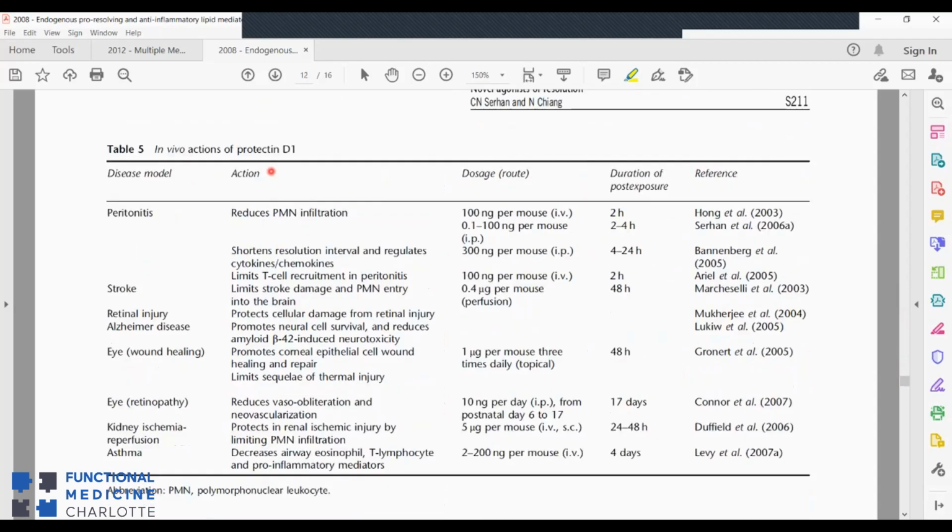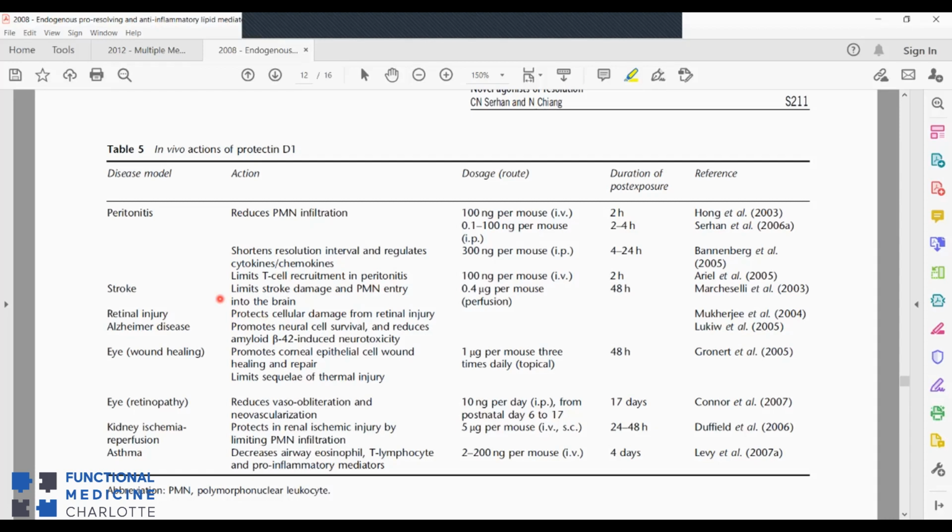And then protectin D1, again, reduces inflammation. In regards to stroke, it limits stroke damage and inflammatory entry into the brain. So research has shown that the healthier your omega-3 levels entering a head injury or a brain injury, the better the outcome on the other side. So we don't want to wait to take these things until we've already had the injury.